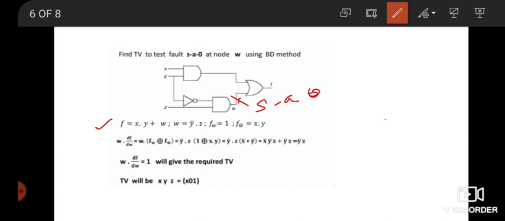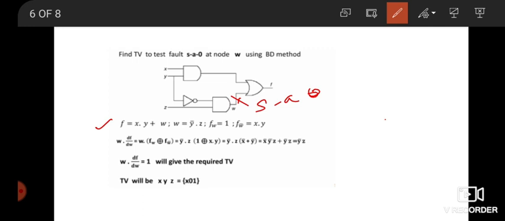What are our two steps? Suppose a line is affected by some kind of fault, either stuck-at-0 or stuck-at-1. For this line we are able to find f of w and f of w bar. So the first step is to find f of w, the fault-free value, and the faulty circuit expression value from this expression.